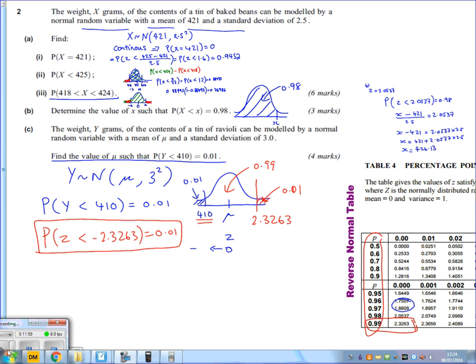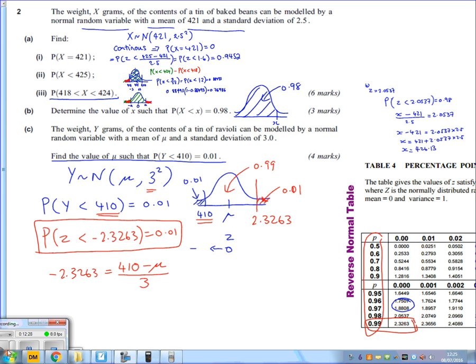So now, like we did in part B, we can solve that. We don't know the mean, but this time we do know the z value. So minus 2.3263 is equal to the y value, 410, minus the mean that we want to find out, divided by our standard deviation, which was 3.